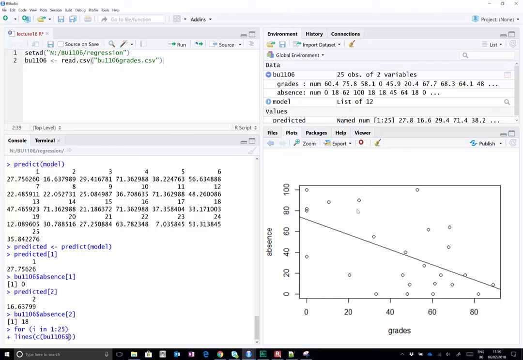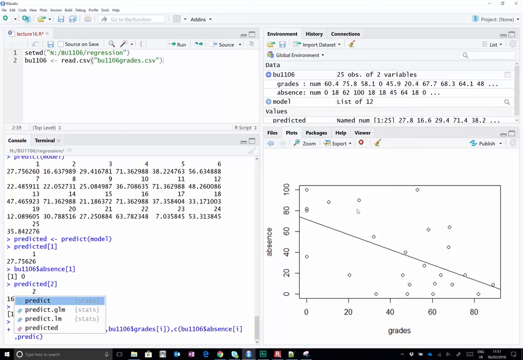Grades i. Okay. And now the y-axis, absence, and the predicted y, and then I can specify what color I want.